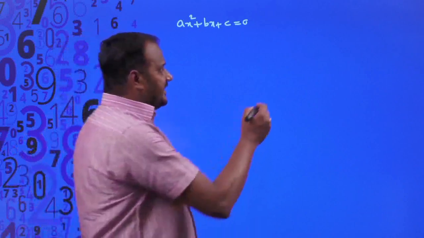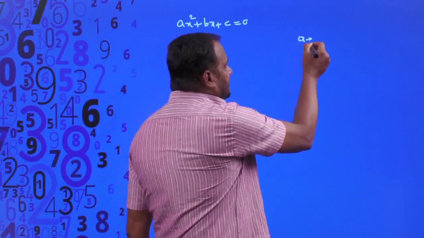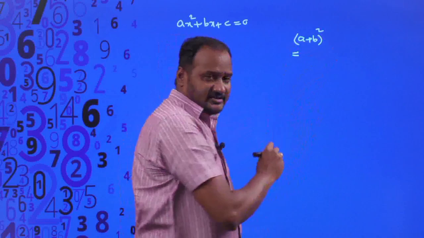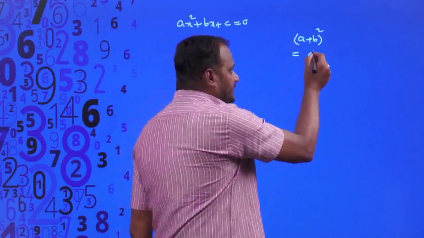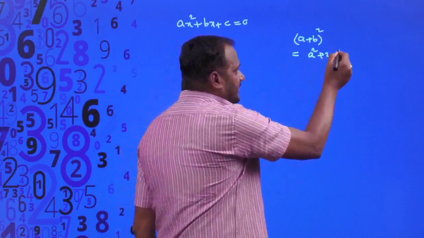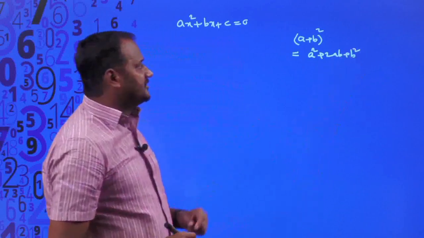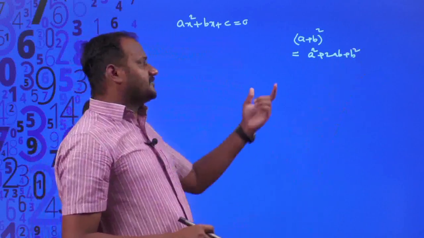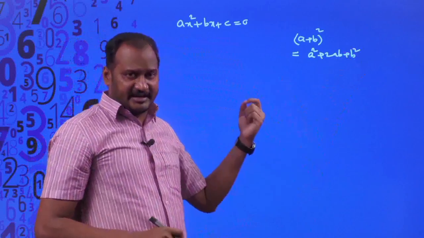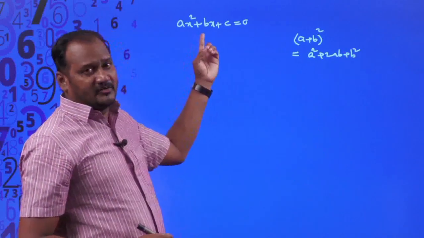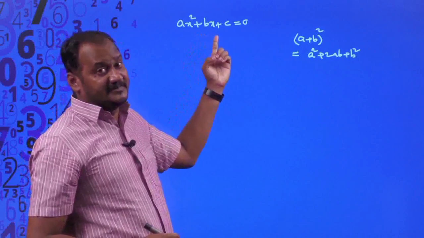Let us try to understand the formula for a plus b whole square. The formula for a plus b whole square is a square plus 2ab plus b square, right? Like you have the formula for a minus b whole square, that is a square minus 2ab plus b square, but in our equation we have a positive sign for the middle term.